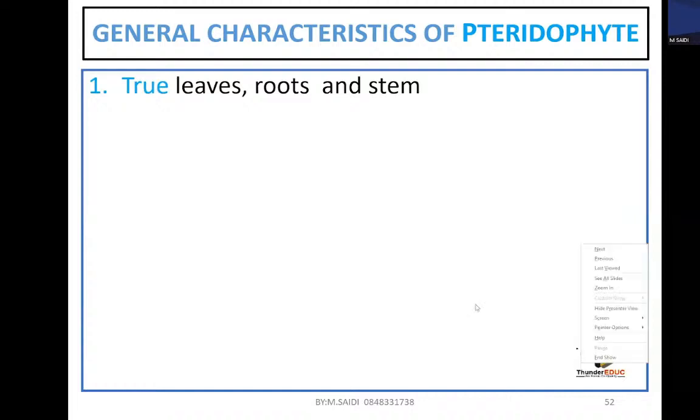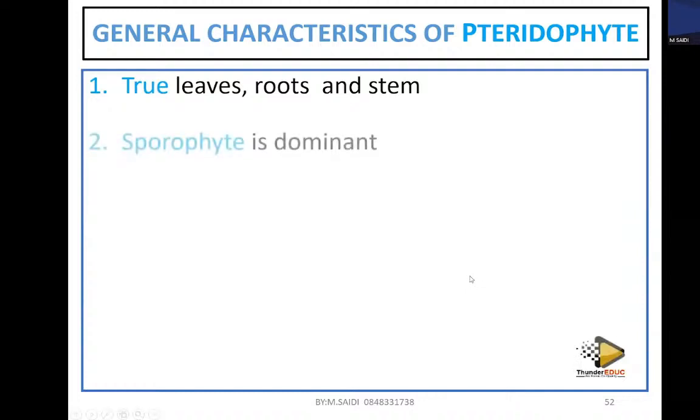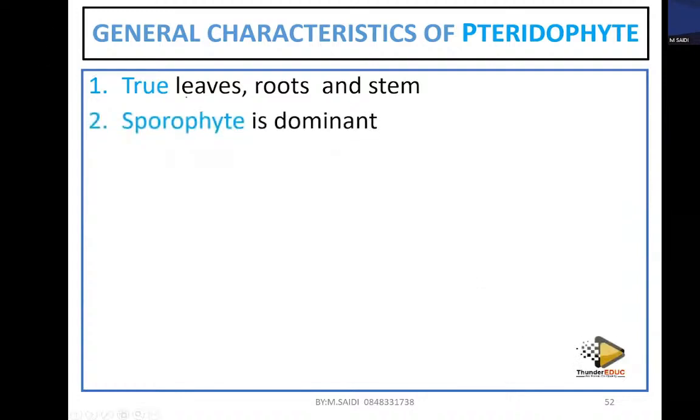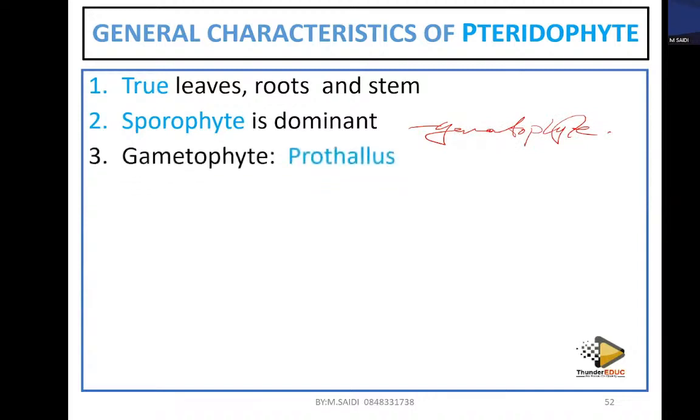The sporophyte is the dominant generation. Remember the other one we mentioned, the gametophyte. But here the sporophyte is the dominant generation. And the gametophyte is a prothallus.